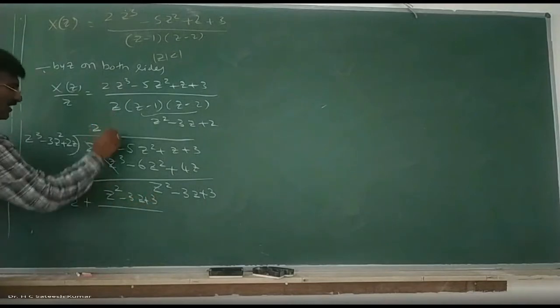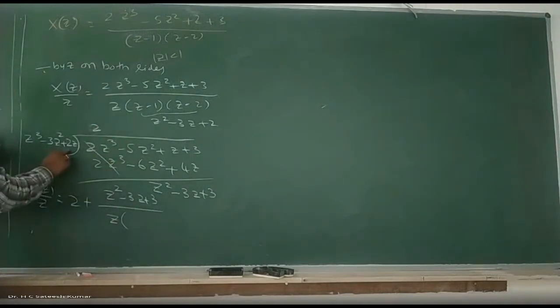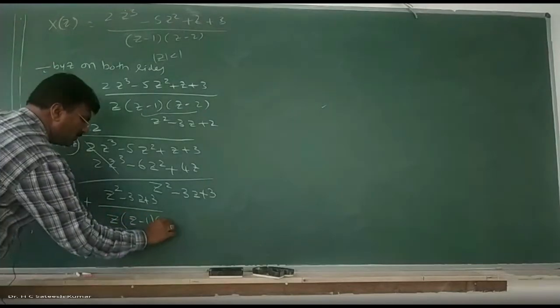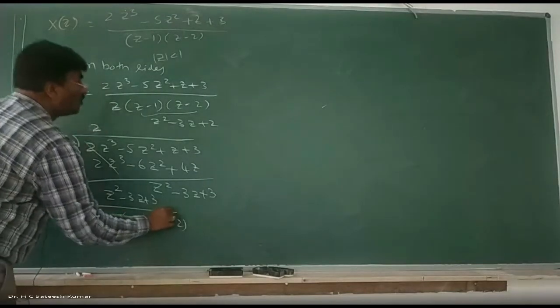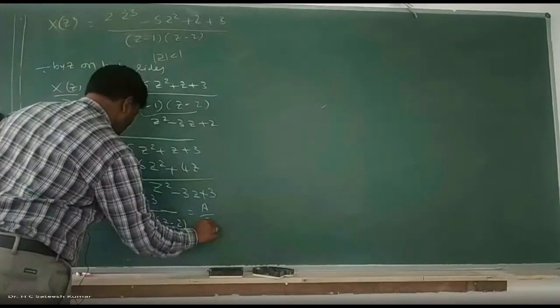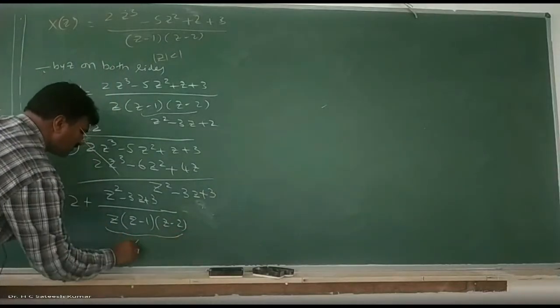Now split it and write it. Denominator is this one. Split it, you will get z into (z minus 1) into (z minus 2). So this one you call X1 of z, because 2 is there now.